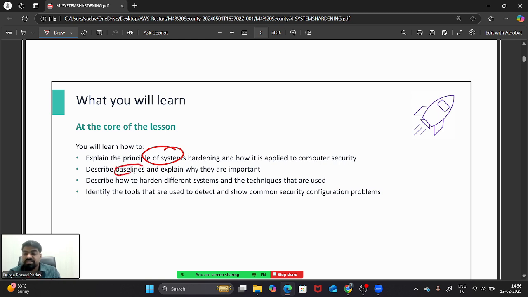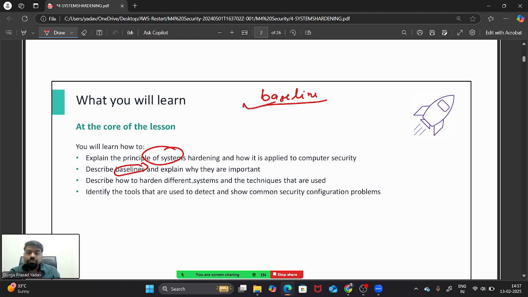And then we will be discussing the baseline. Baseline is a factor here. By using this factor, you will decide which systems are acceptable and which systems are not acceptable, so that we will see in detail again.